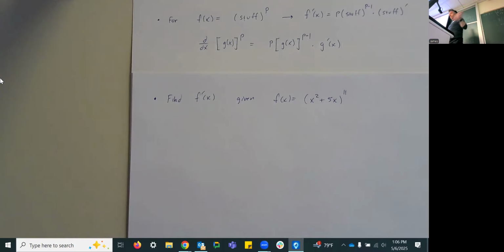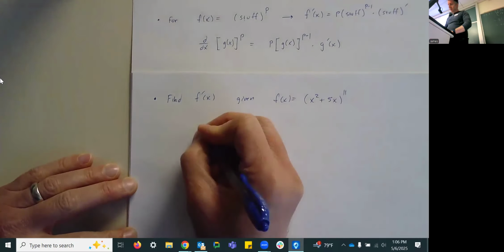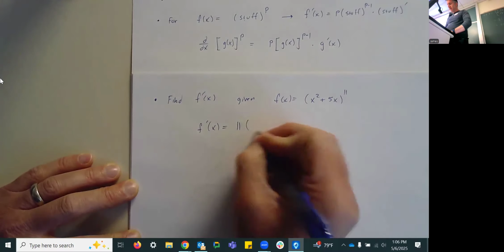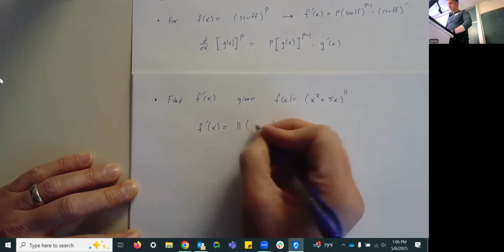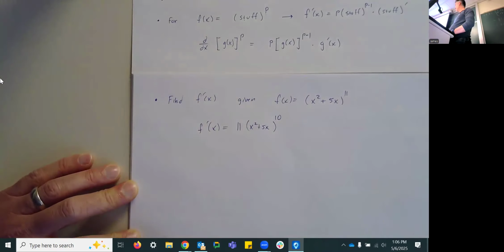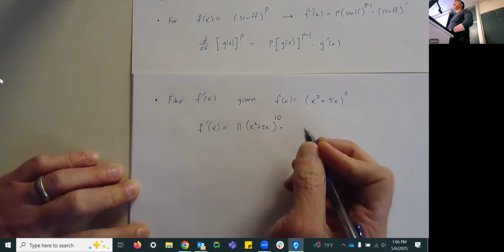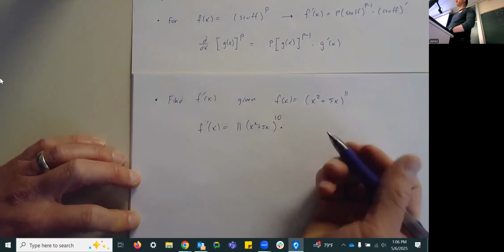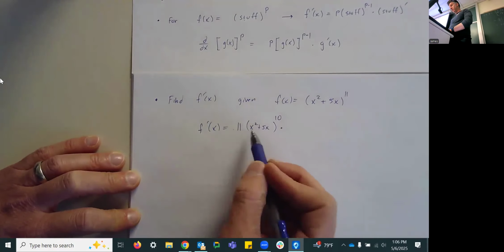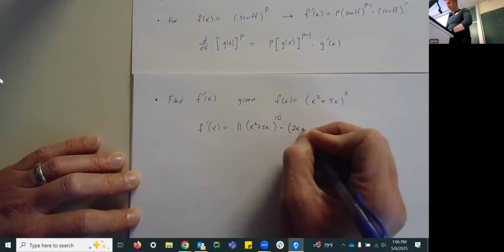We have the rule now that says I've got something raised to a power. The derivative is going to be, the power comes down, the stuff stays the same, but the power is now one less. But then what do we have to multiply by? Whenever asked that question, it's almost always the derivative of the stuff. We must multiply by the derivative of the inside stuff.